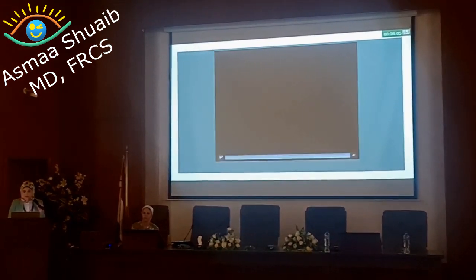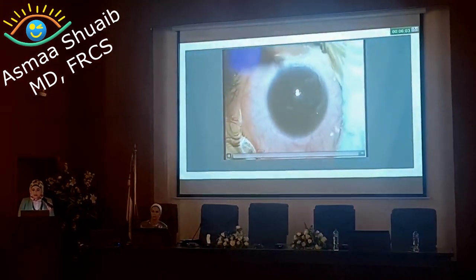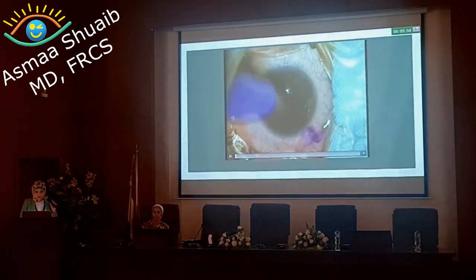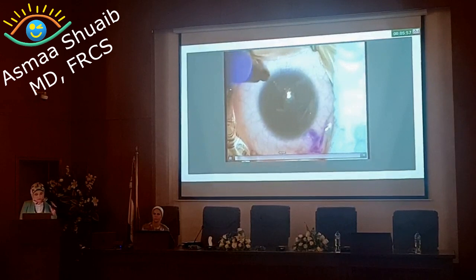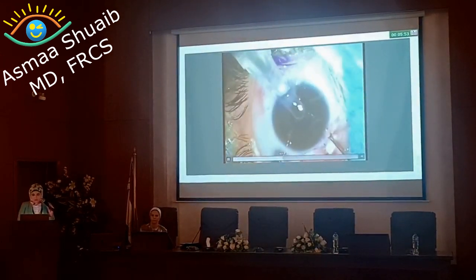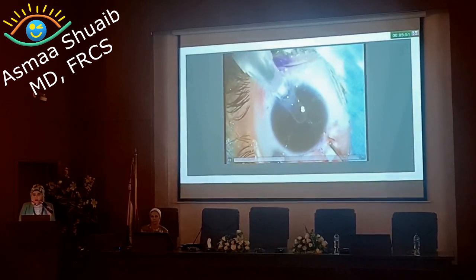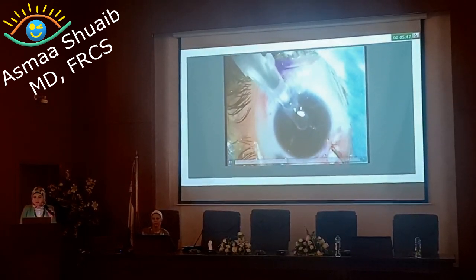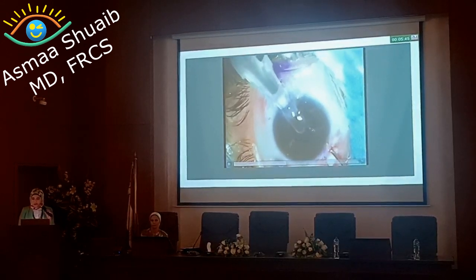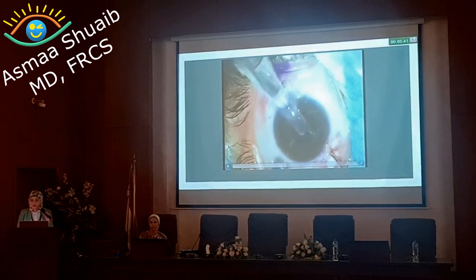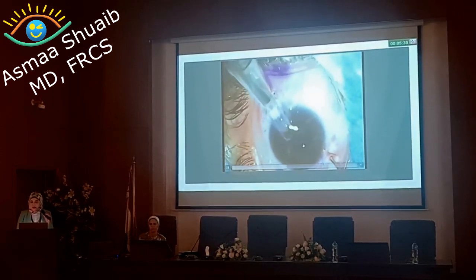The next case is a case of sutureless scleral fixation. In this case, you can fashion flaps with sclerotomies about 2.5 millimeters from the limbus, as we can see here.